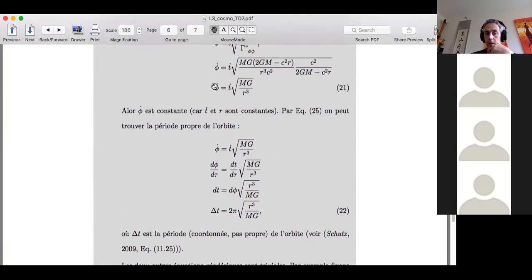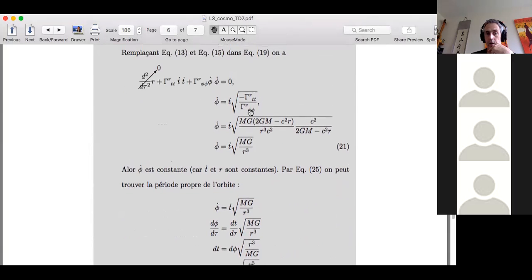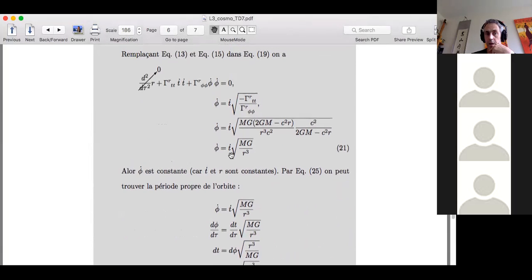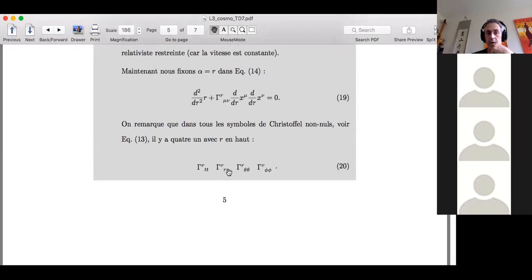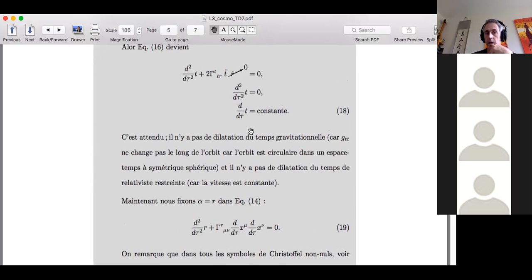Maybe we didn't know that, but we knew it was related to t dot through this equation. We had t dot is a constant.